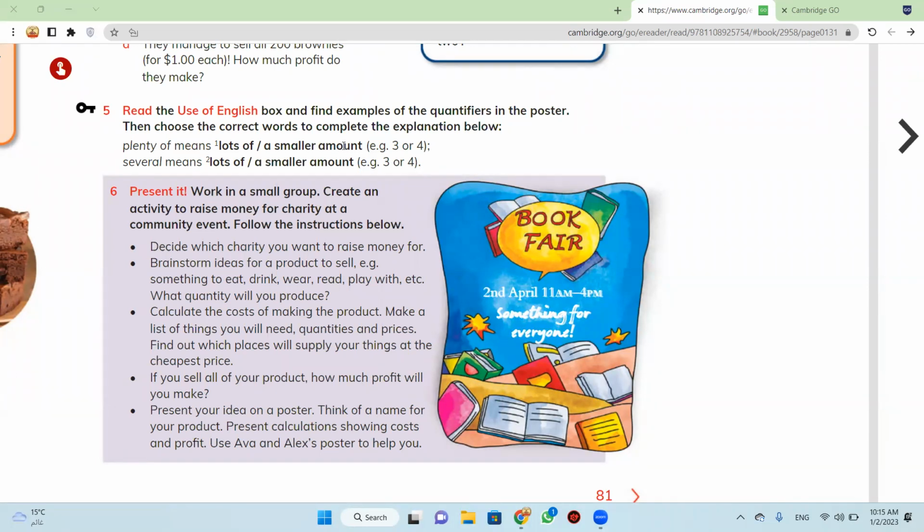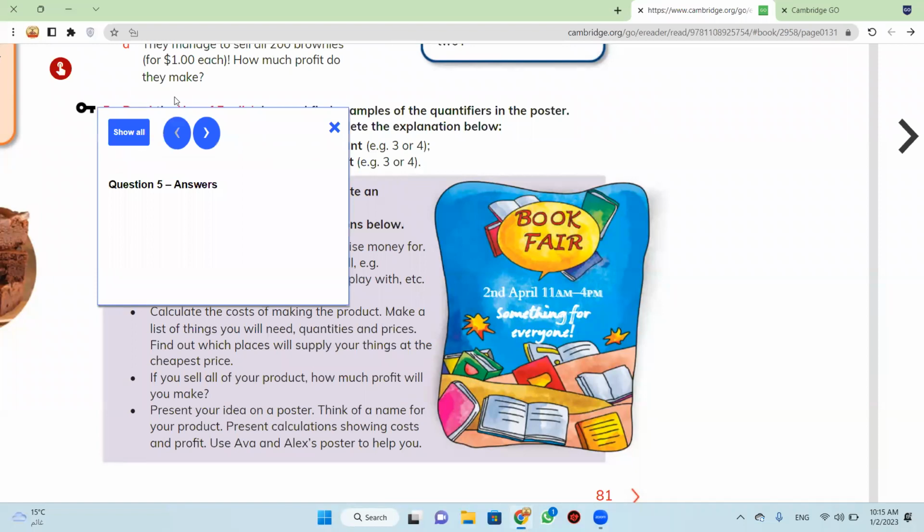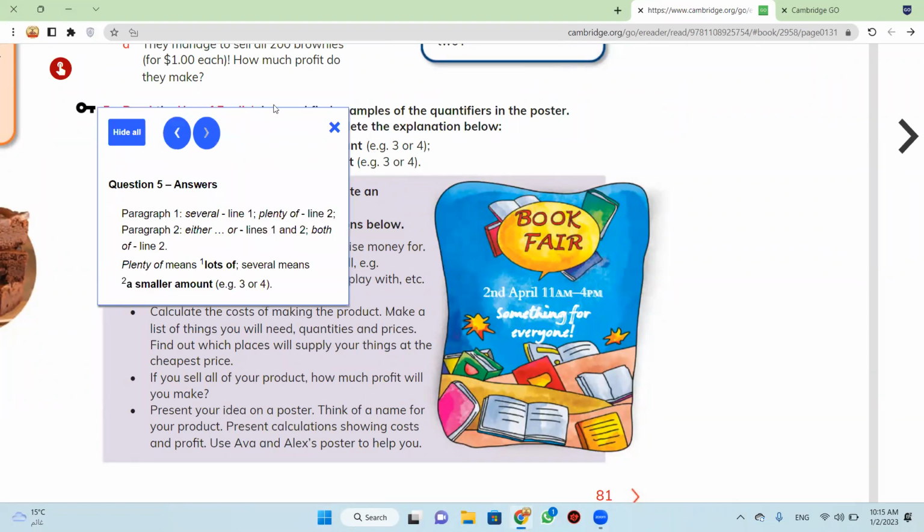Lots of. Plenty is lots. Okay, what about several? Several means what? Sir, it also means lots of. Are you sure? Okay, a smaller amount.